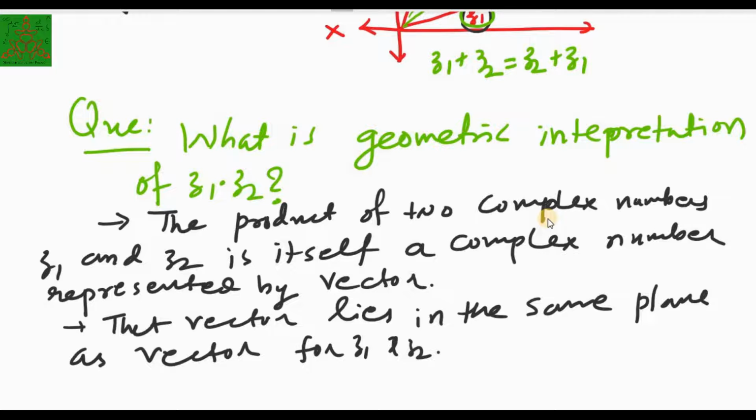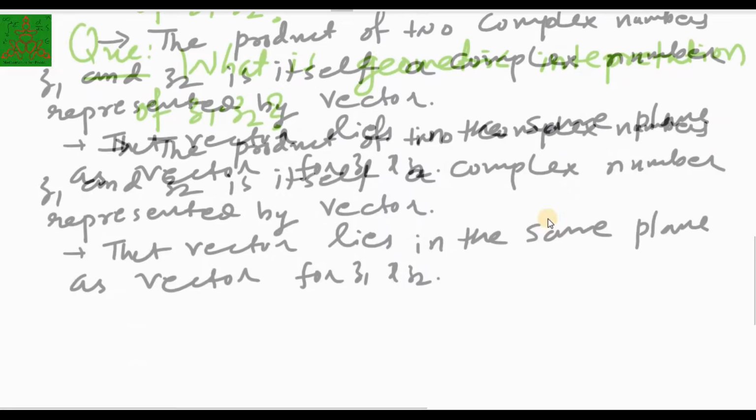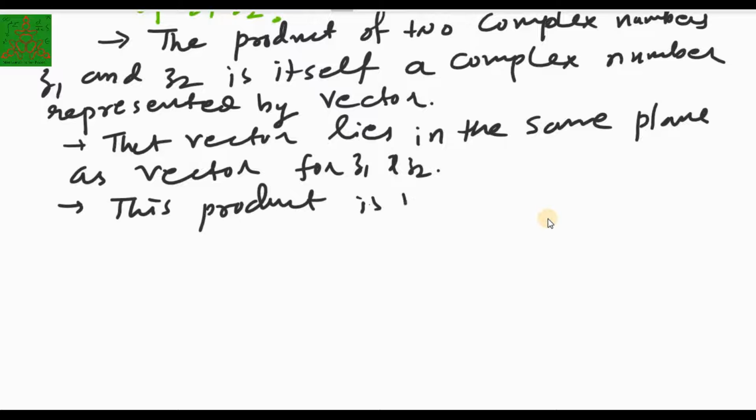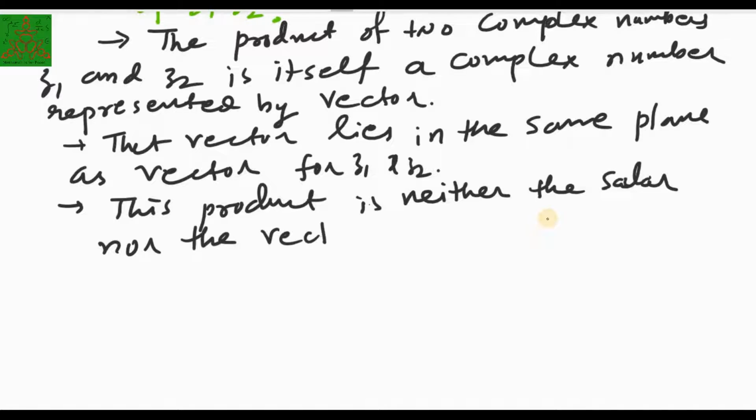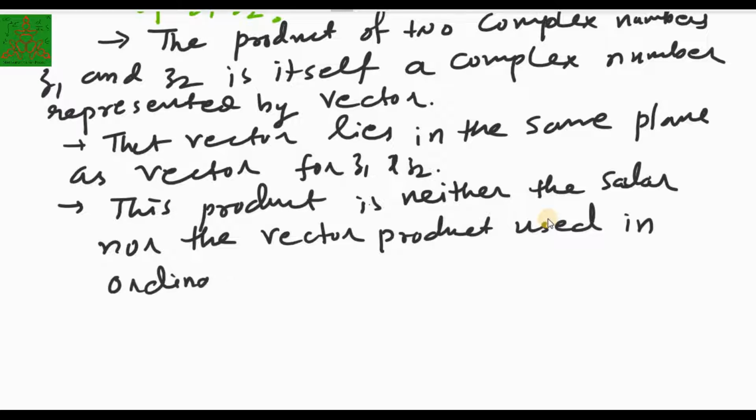This product does not represent either of these two, so it is totally different. As a note: this product is neither the scalar nor the vector product used in ordinary vector analysis, so you cannot compare these two things.